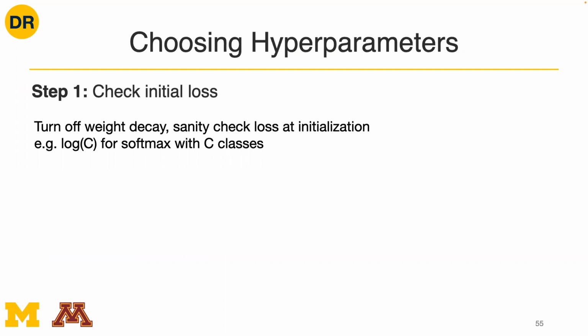The first thing to always do when you set up a neural network for training is a sanity check that your feed forward and feed backward pipelines are set up correctly. Sometimes you can have intuition based on the definition of your loss.